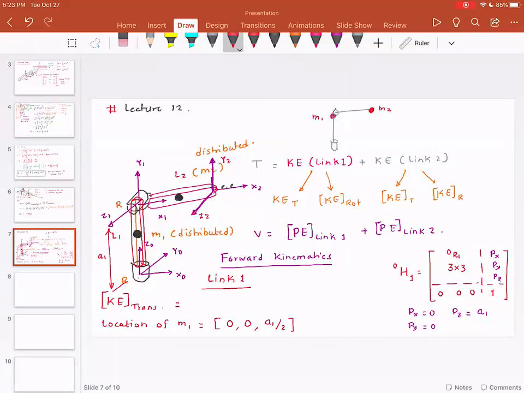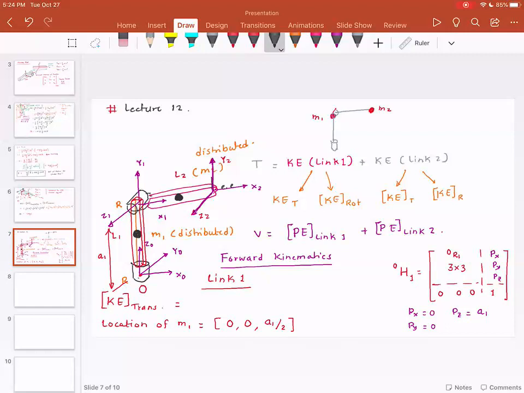Are you with me so far? So this mass m1 is located at 0, 0, a1 by 2 from the reference frame, which is the inertial frame, which is the 0th frame, which is over here. Any questions here? So I know the location.